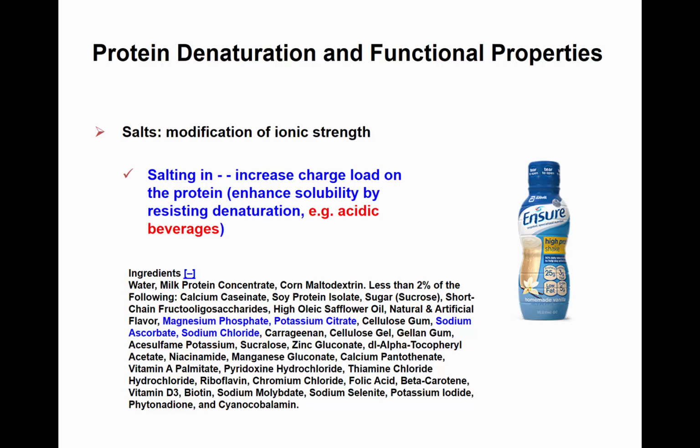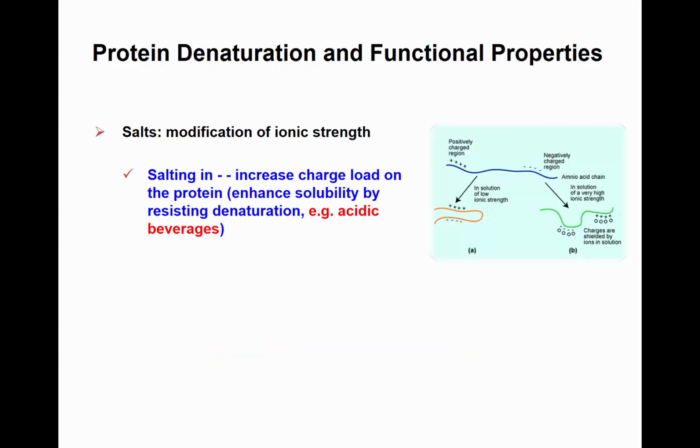All of these are added to stabilize the protein. So when you add certain types of salts, they actually bind weakly to the protein and enhance the charge load on the protein. So in solution of low ionic strength, you are really increasing the charge on the protein, again at low concentration of the ion, and then you will have enhanced water interaction with the protein and reduced denaturation.